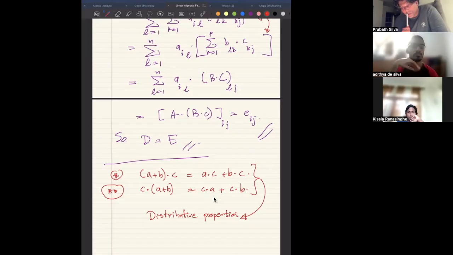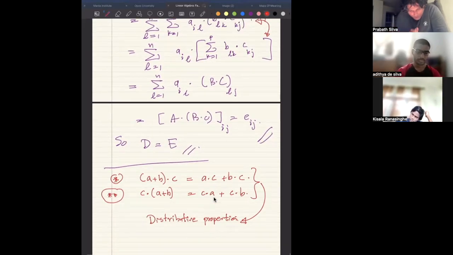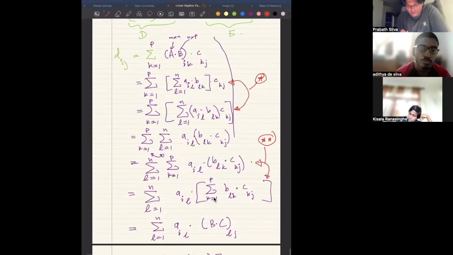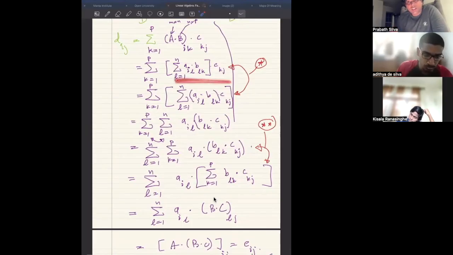So if you go back, the star is actually using this distributive property, but with n terms, right? And if you have this property, you can use induction to prove something like that easily.